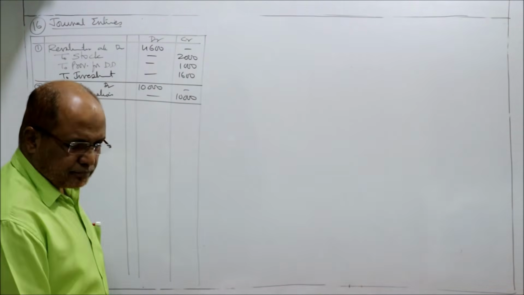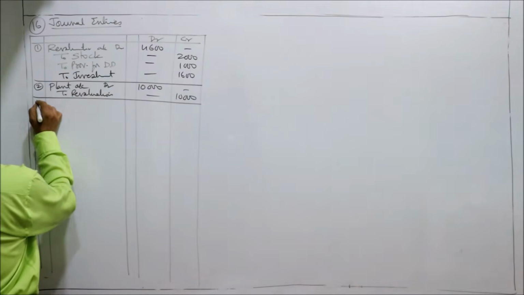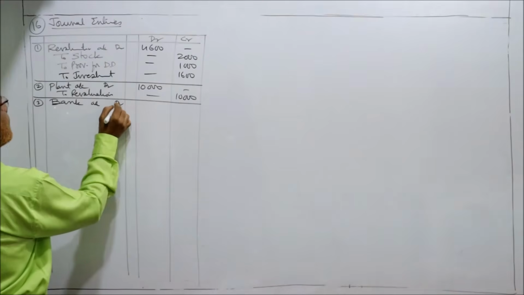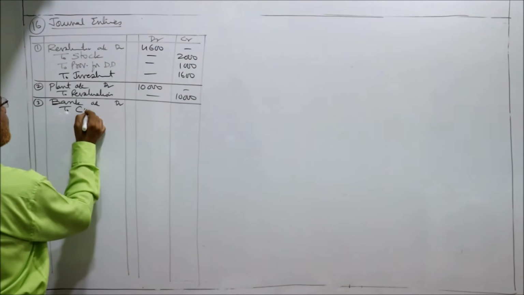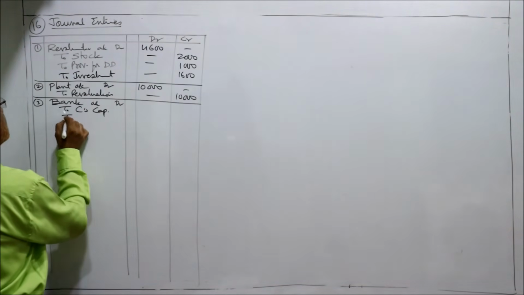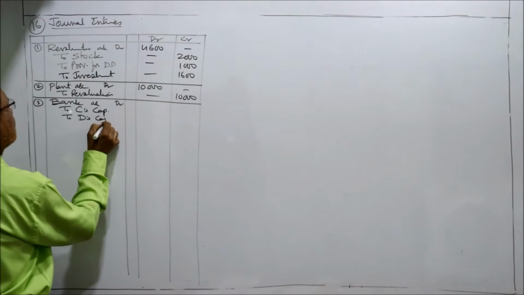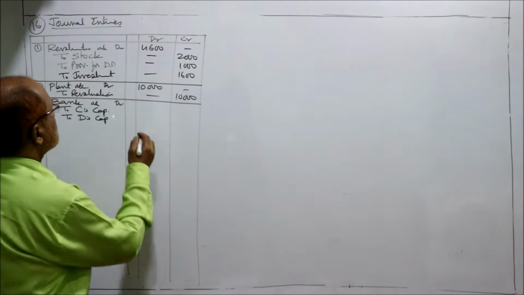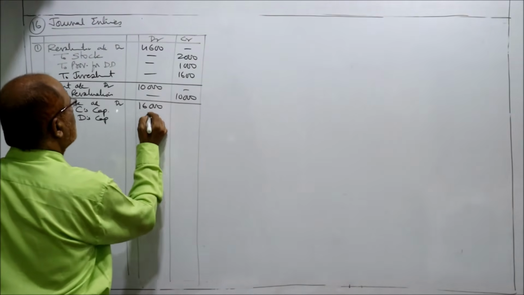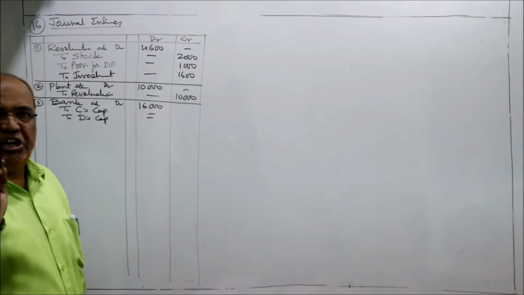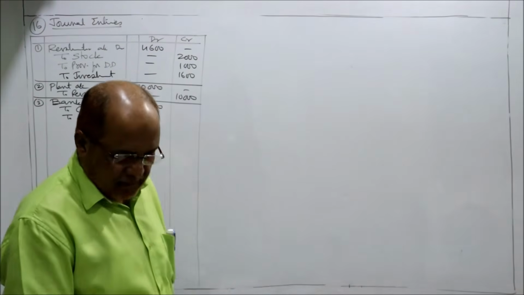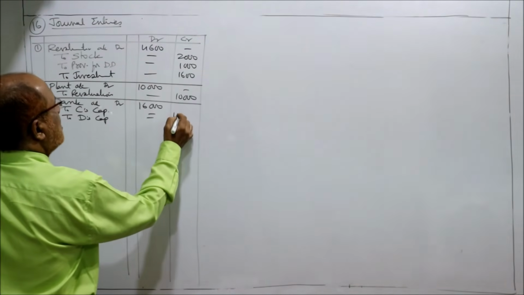Then bank account debit to C's capital, to D's capital. How much goodwill is he bringing? 16,000 rupees goodwill he is bringing, and this should be divided among old partners in the old ratio.